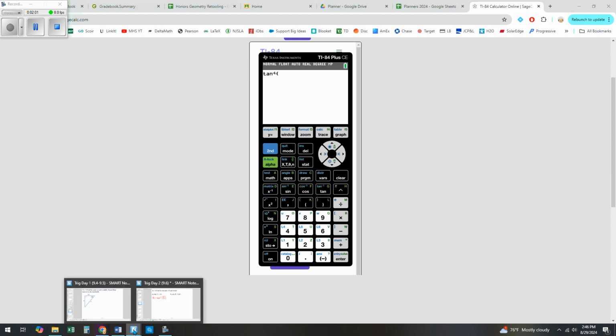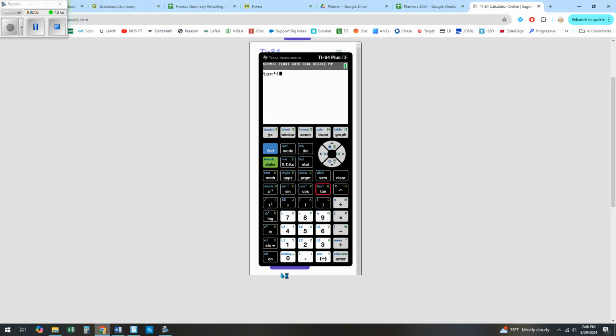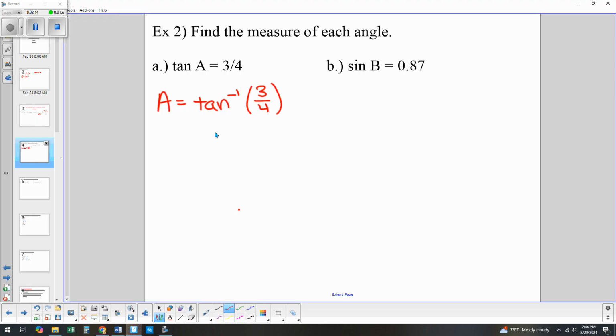It was 3 over 4, so 3 divided by 4, we get 36.87 degrees. So the measure of angle A was 36.87 degrees.